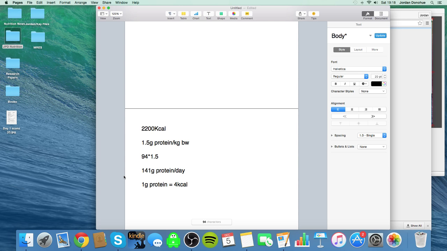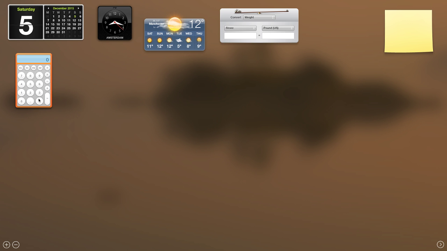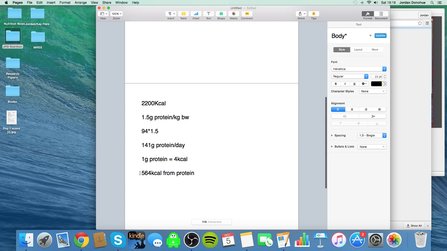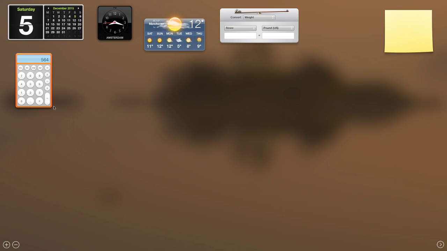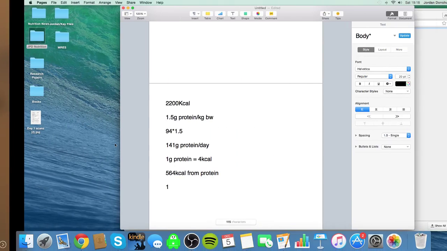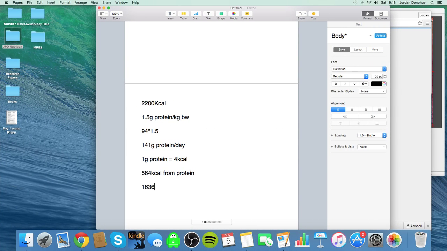So we do 141 times 4, which gives us 564 calories from protein. Now, how many do we have left? Very simple: 2,200 minus 564 leaves 1,636 calories left over.